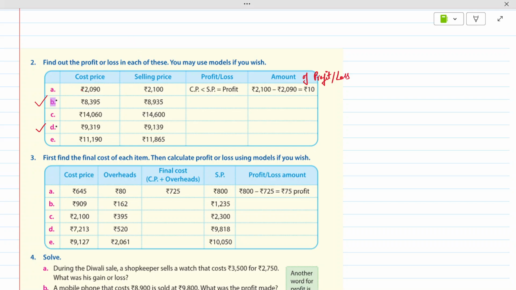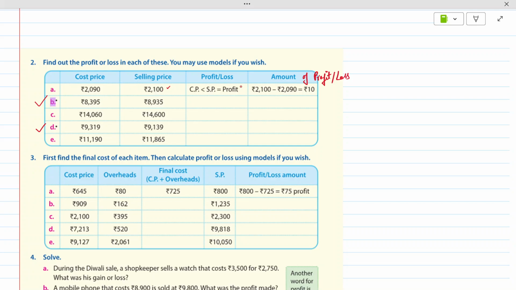So in the A part, the cost price is given as 2090 rupees and the selling price is 2100 rupees. So here we can see the selling price is greater than the cost price. So kids, if selling price is greater, that is a case of profit, because that means we are selling it at a higher price than what we bought it at.